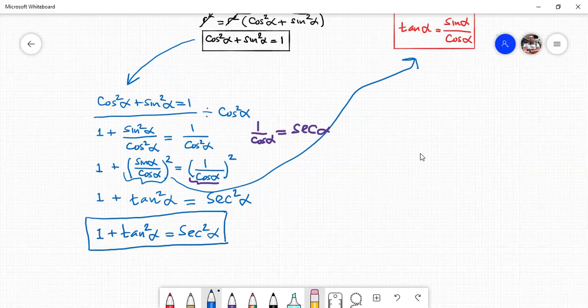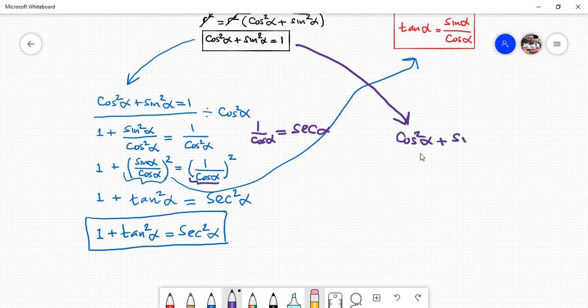Then I still use this formula I put here. Okay, write it again. Cosine square alpha plus sine square alpha, which is 1. Now I divide all with sine square alpha.